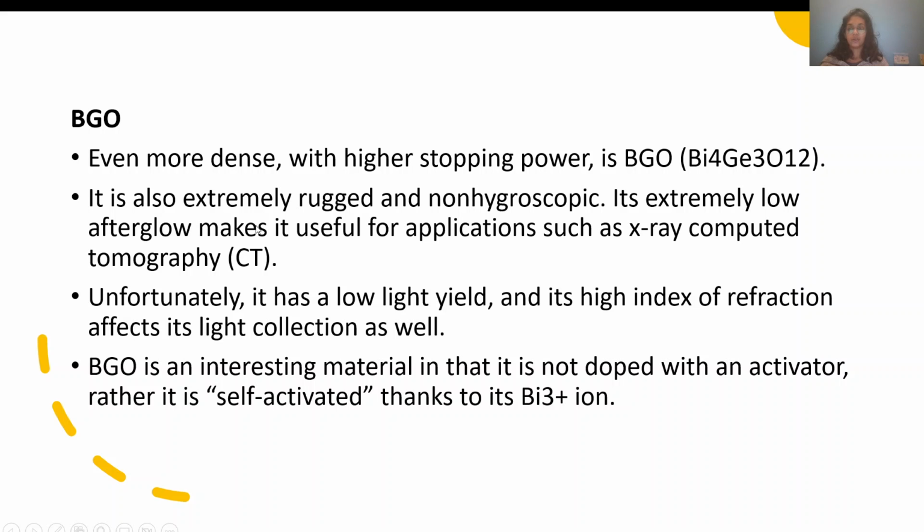Its extremely low afterglow makes it useful for applications such as X-ray computed tomography, which is CT. Unfortunately, it has a low light yield and its high index of refraction affects its light collection as well. BGO is an interesting material in that it is not doped with an activator, rather it is self-activated thanks to the Bi3+ ion.